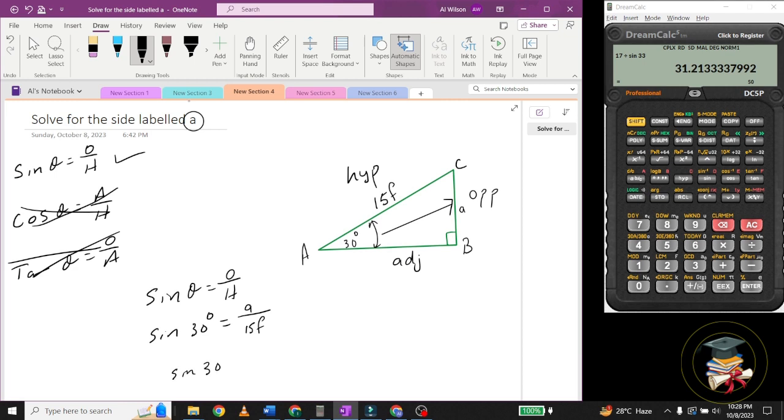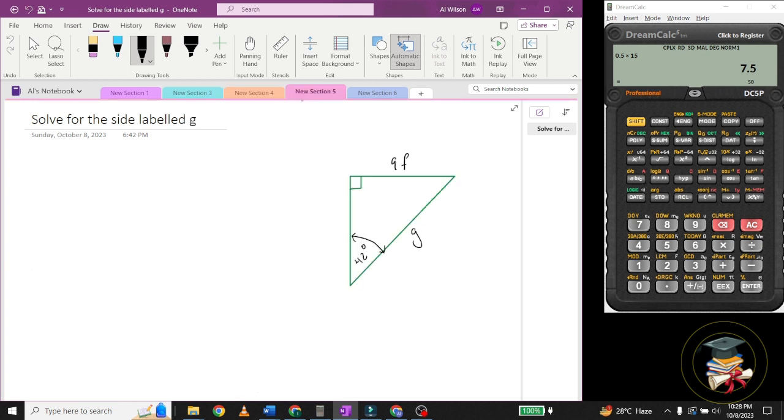Sine 30 degrees times 15 is equal to A. So sine 30, then we multiply by 15, giving us 7.5 feet is equal to A. Notice, like before, we transposed the 15 feet to be multiplied by sine 30 degrees, and then we just had to go ahead and solve.